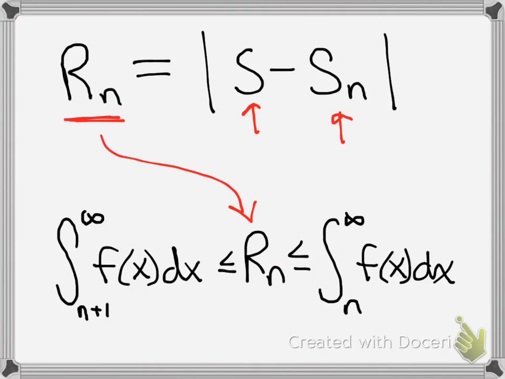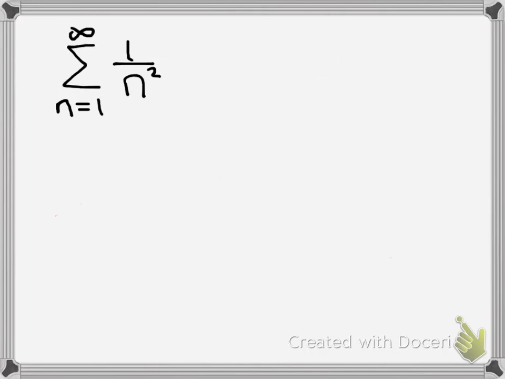The improper integral from n plus 1 to infinity of f of x, where f of x is the function that models the terms of the series at integer values, and it's also bounded above by the improper integral from n to infinity of f of x dx. So what this allows us to do is tell somebody that our error is in this range here. Our approximation is about this good. We'll talk about what we mean by this good in just a moment.